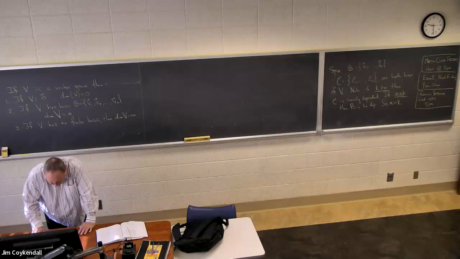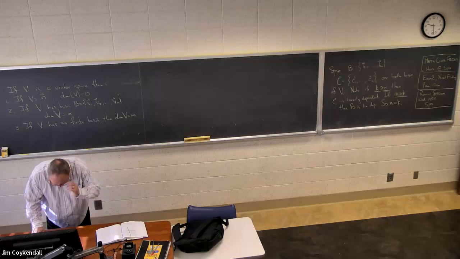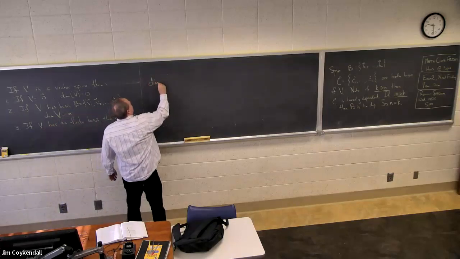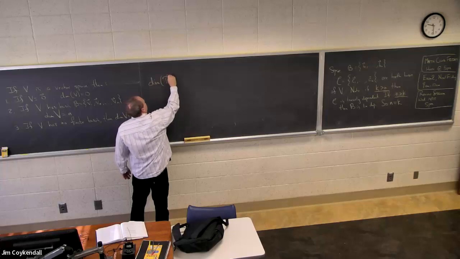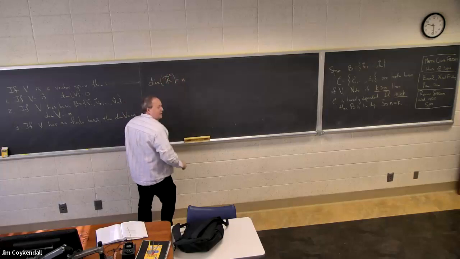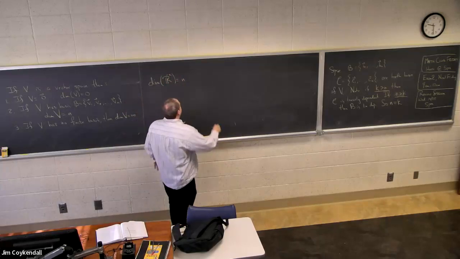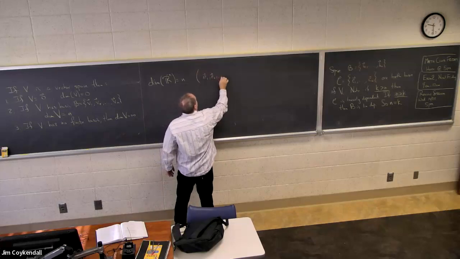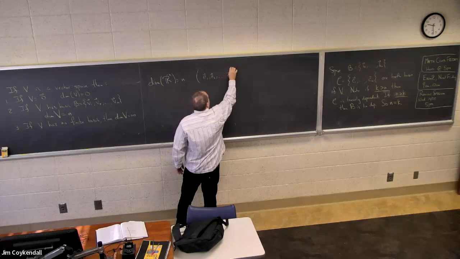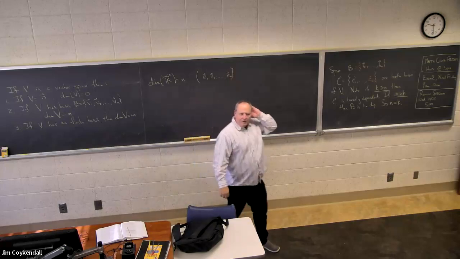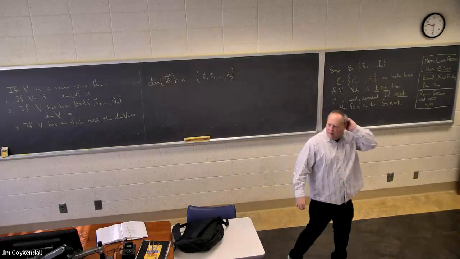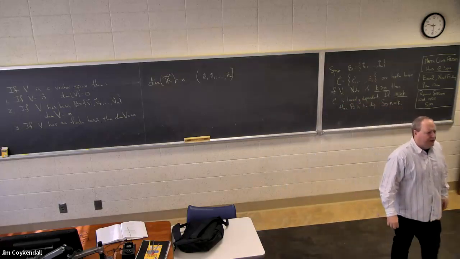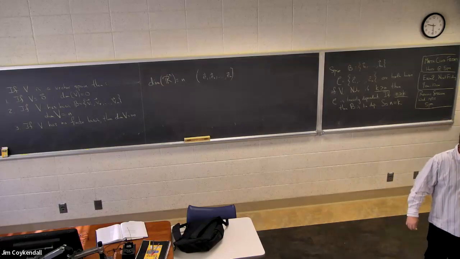The Rn. There are many bases, but I'll write a basis down here: E1, E2, up to En. That's my favorite, most convenient basis. Can anybody name another n-dimensional vector space? Maybe you've seen it a few times.